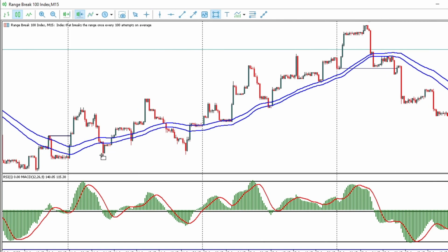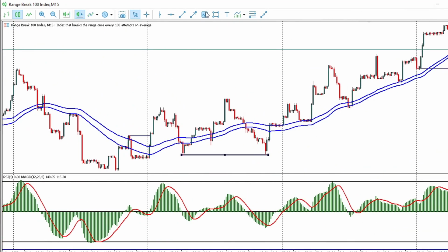For instance, you can see that the market came to this area and then it reversed back. Yes, we were in an upward trend. The market was trending up, as we can see. But as it reached here, much as we're in an upward trend, it formed some kind of support.